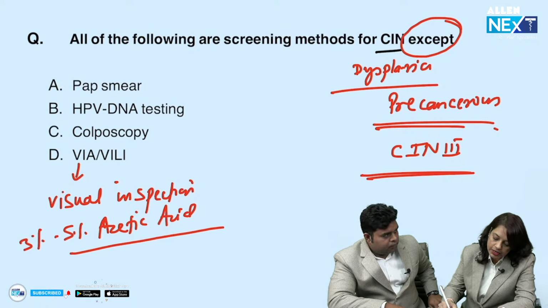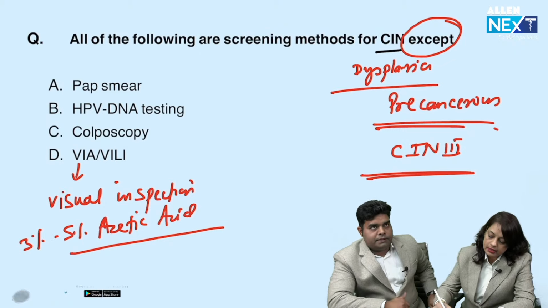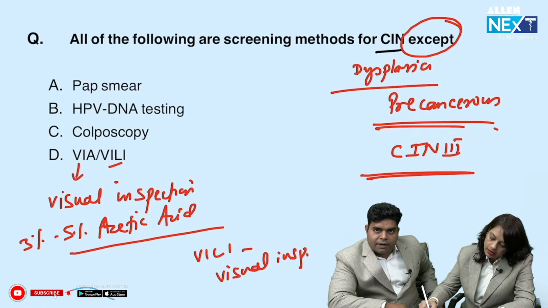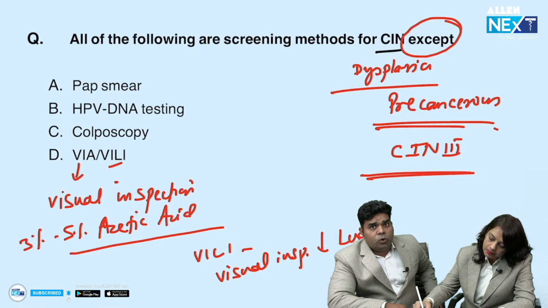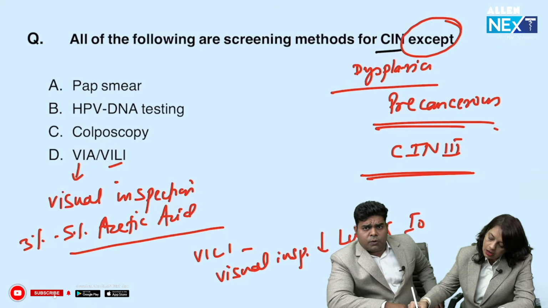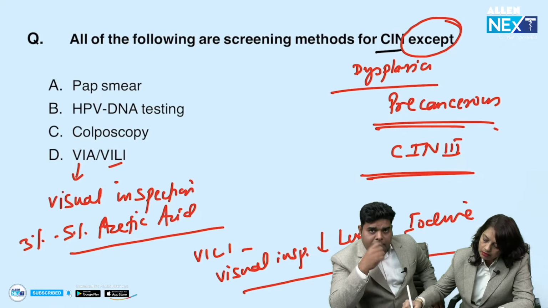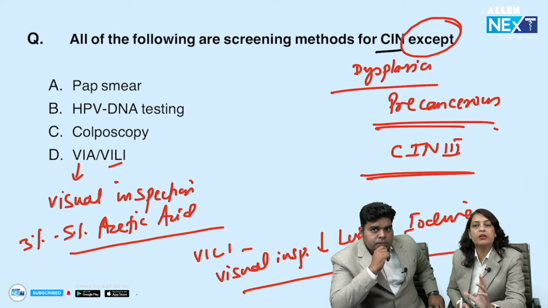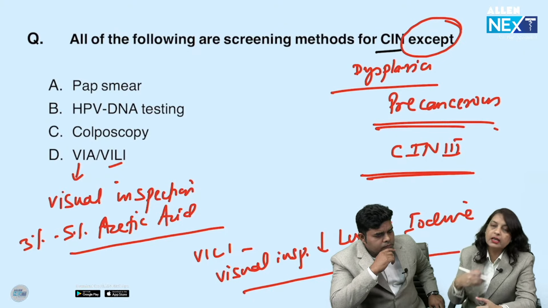It is 3 to 5% acetic acid. Now, what is VILI? VILI is visual inspection under Lugol's iodine.